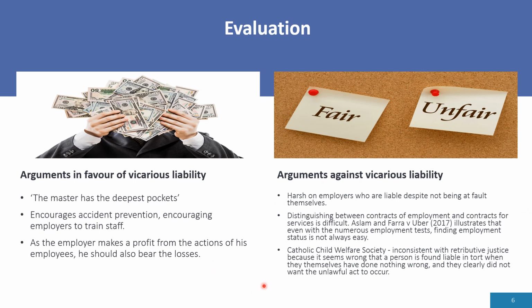You could also talk about the cases that we ended on the previous slide, the case of Lister and the case of the Catholic Child Welfare Society. Those particular cases where employers are being held liable for the unlawful acts of their employees seem to be inconsistent with the idea of retributive justice, because it seems wrong that a person can be found liable in tort when they've done nothing wrong, and they clearly didn't want that abuse, those unlawful actions, to occur.